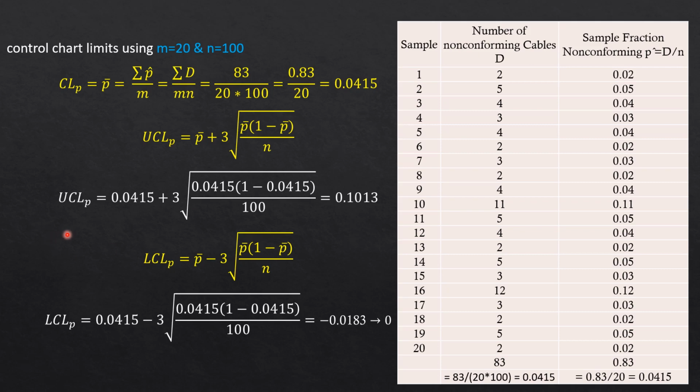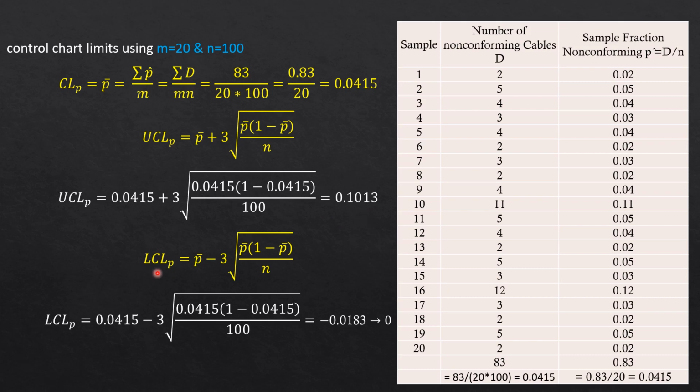Now we are going to calculate the upper control limit, and this is the formula for the upper control limit for the P chart. In this formula we only need two data, that is P bar and N. P bar we already calculated, that is 0.0415, and N is 100, so we get the upper control limit equal to 0.1013.